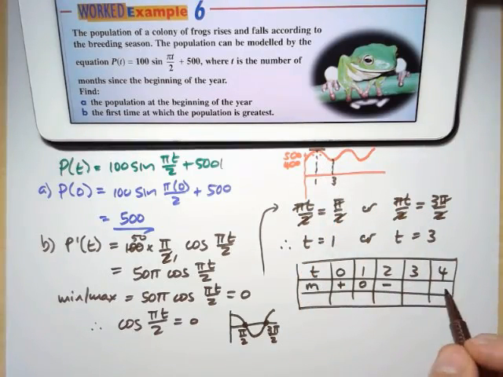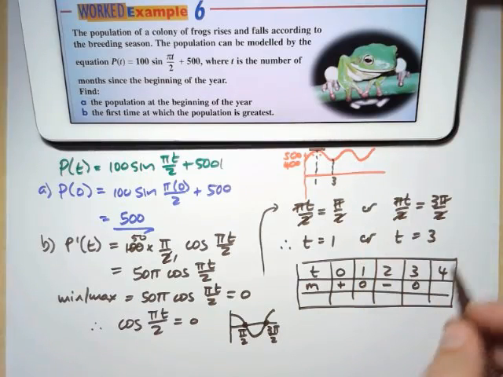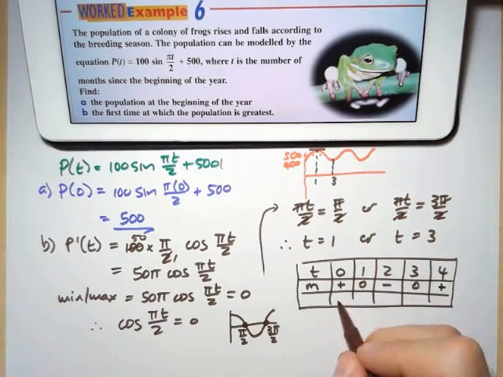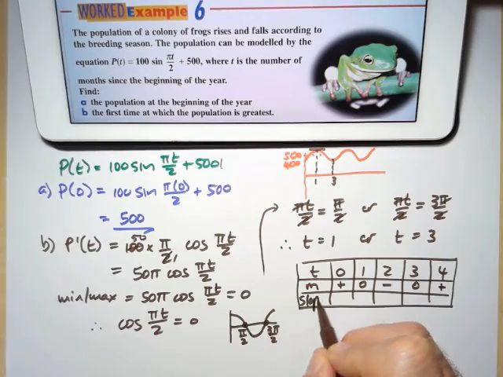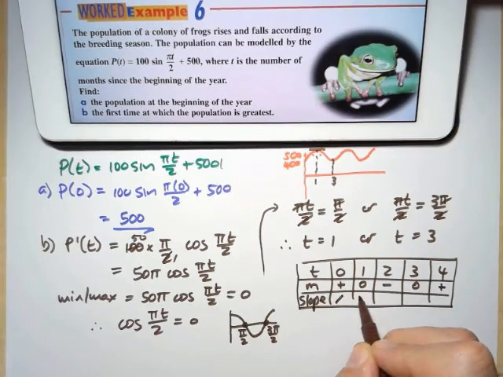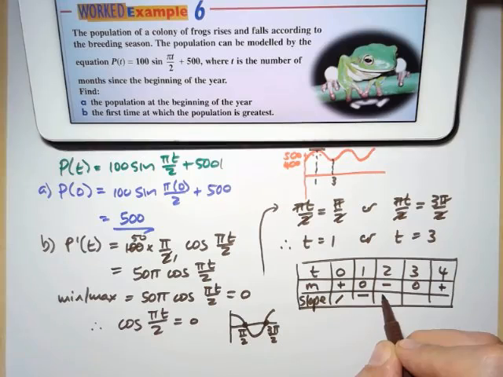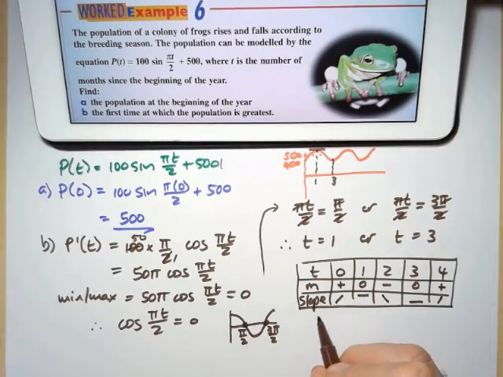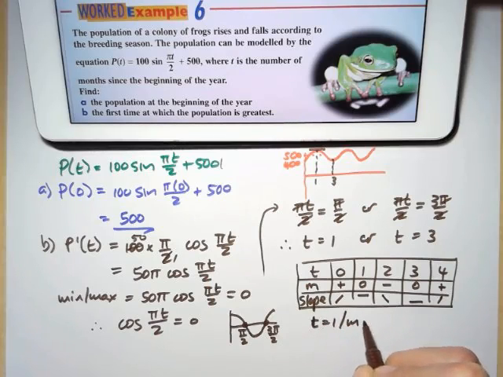Between the two it's coming down, so it's negative. At 3 it is 0. At 4 it is positive again. So my slope is positive, 0, negative, 0, positive. So t equals 1 is a maximum, because it's turning, and t equals 3 is a minimum.